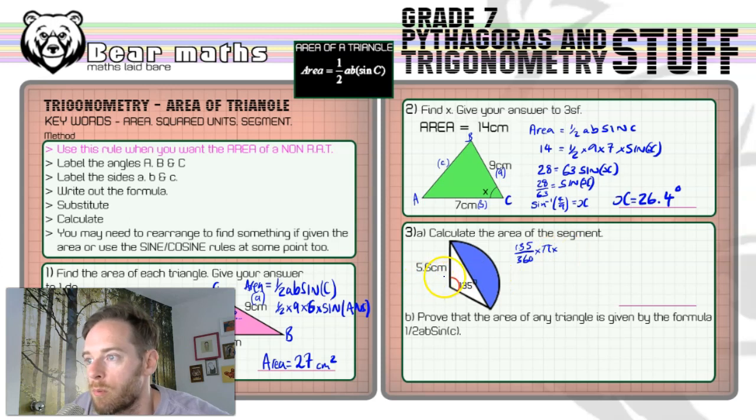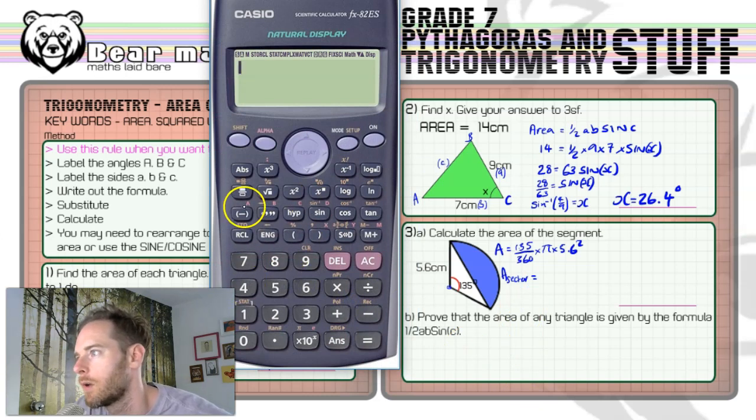The radius is 5.6 because that's from the centre of the circle to the edge of the circle. So that's 5.6 squared. And that's going to be the area of the sector. I probably should write that, that's the sector, not the segment. But let's just see what that is. So area sector equals, type it in, find out.